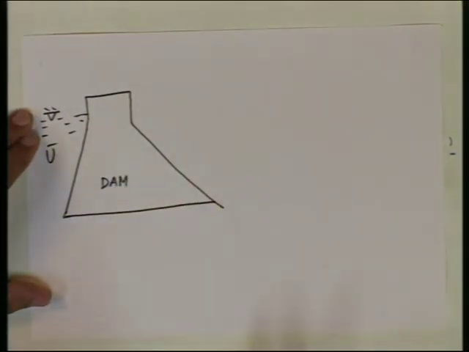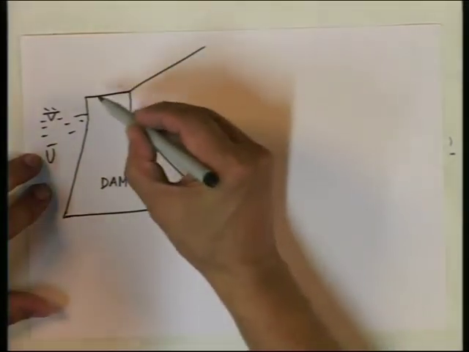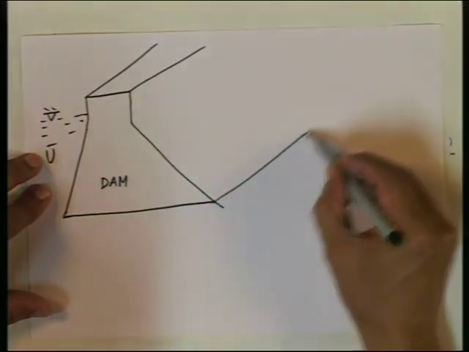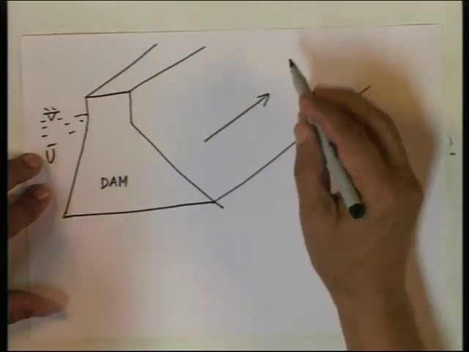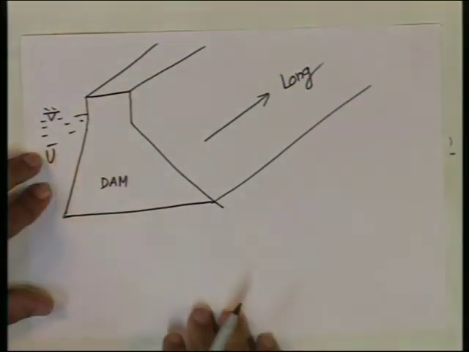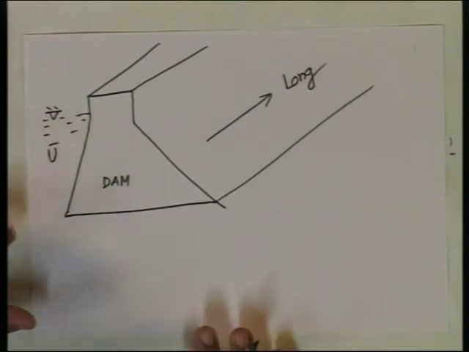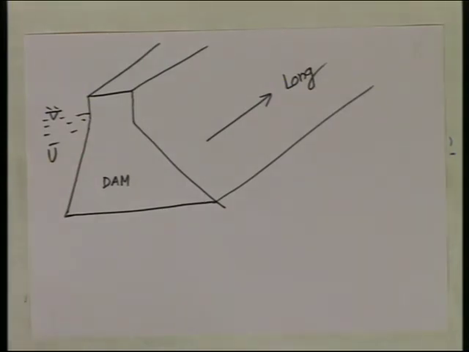But this is a cross section, and the dam is very long. It may be a mile long, half a mile long. Where do you construct dams? To hold water, so there must be two hills.